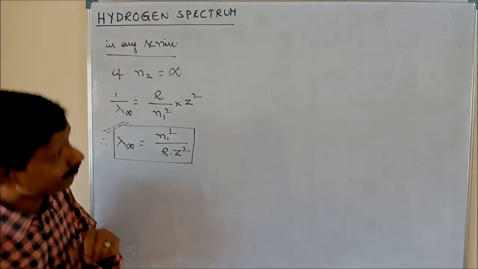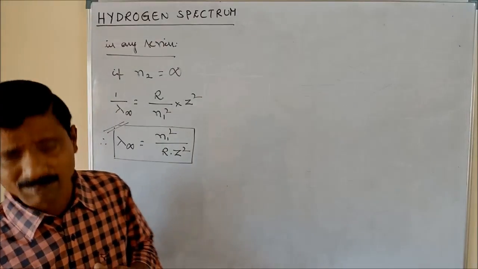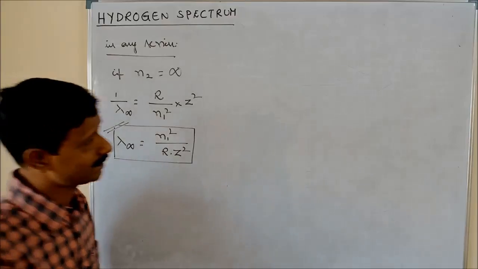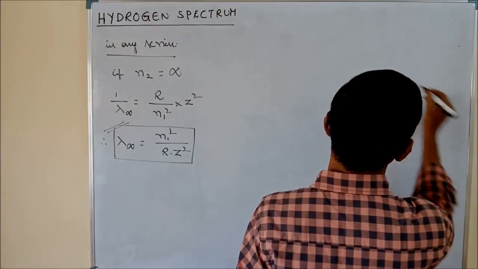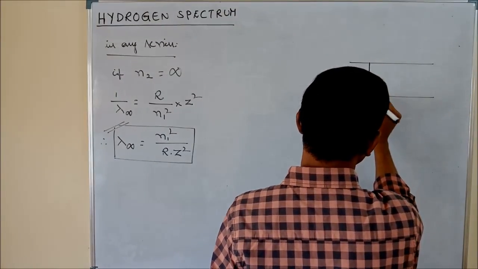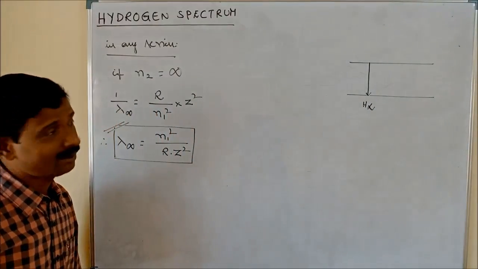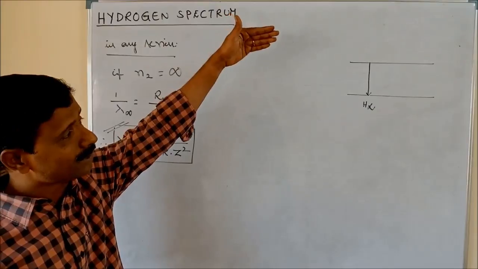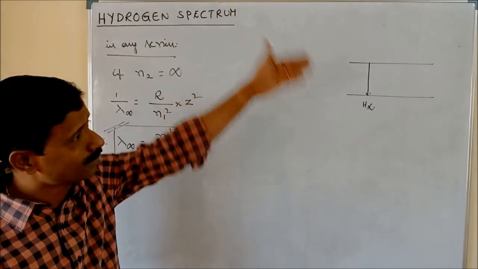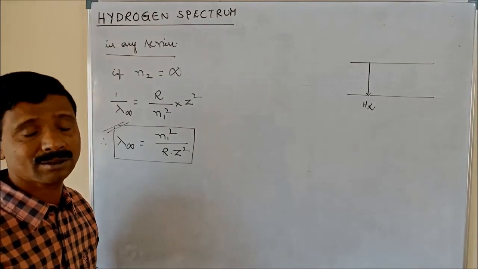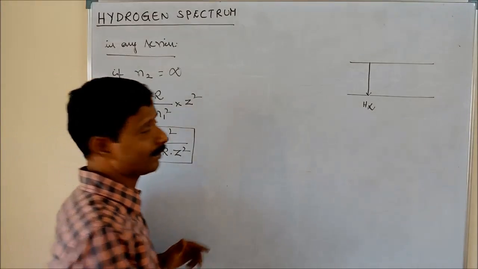Another one: generally, sometimes you have to find out the frequency of the emitted light. For example, this is the Balmer series, first line, H alpha. What is the frequency of the light emitted when an electron de-excites from third to second, or fourth to second, or second to first? In that way, they used to ask regarding frequencies.